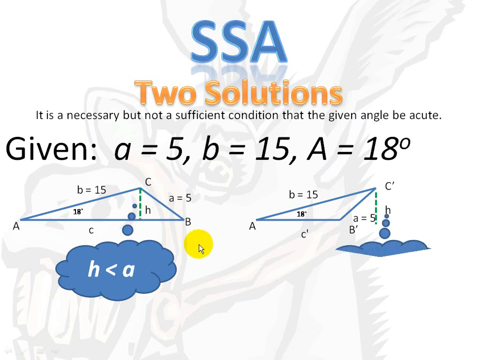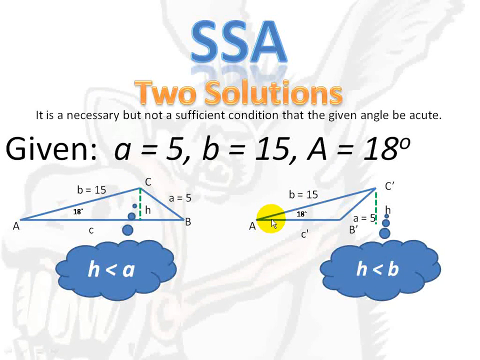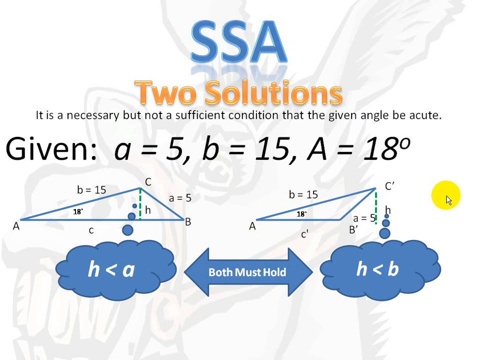And over here, H is less than B, because notice that B is the hypotenuse of this triangle. A right triangle is formed here, and B is the hypotenuse. So B has to be longer than H. Now, both of these have to be true. H has to be less than A, and H has to be less than B for you to have two solutions.